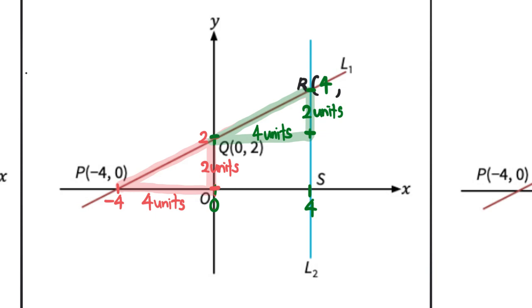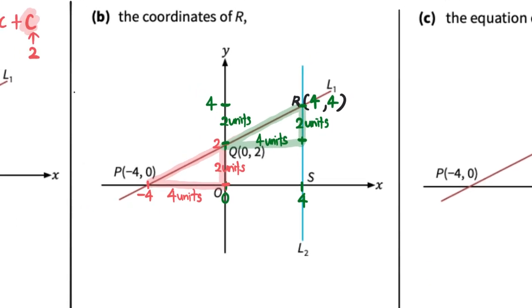So from here 2 all the way to here, if it is going to be 2 units, 2 plus 2, 4. So I would have gotten my y coordinate as 4, and therefore for part B, the answer for R would be 4, 4. Done.